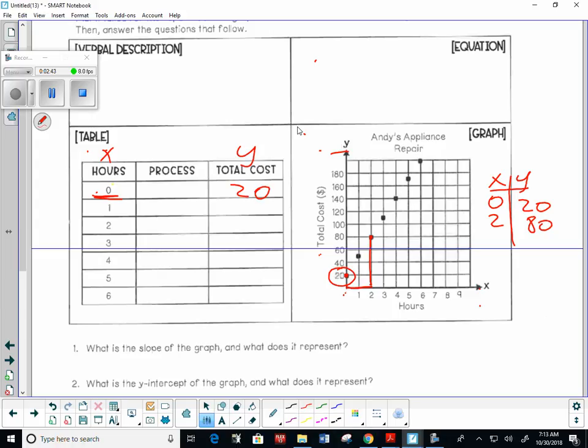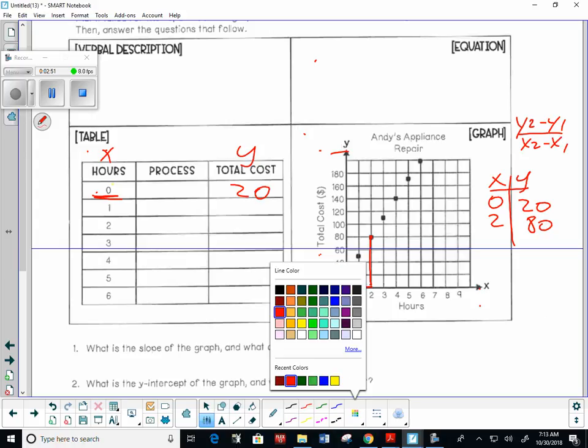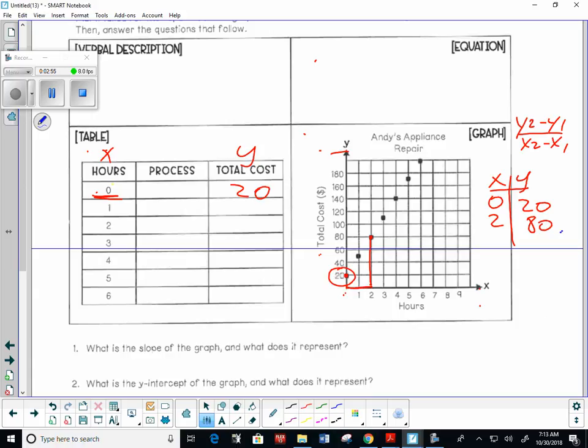Let's go ahead and use y2 take away y1 over x2 take away x1. Here are our y values. We've got 80 take away 20 over 2 take away 0.